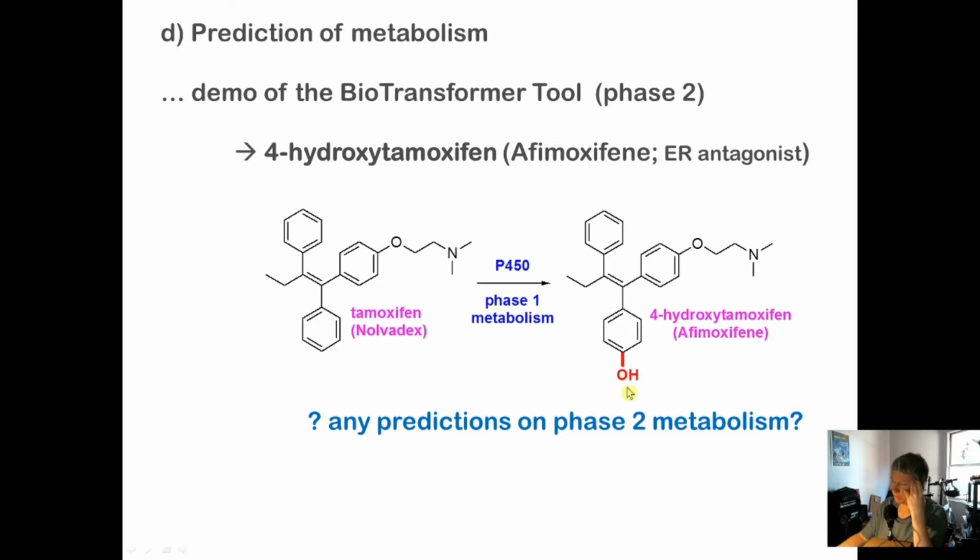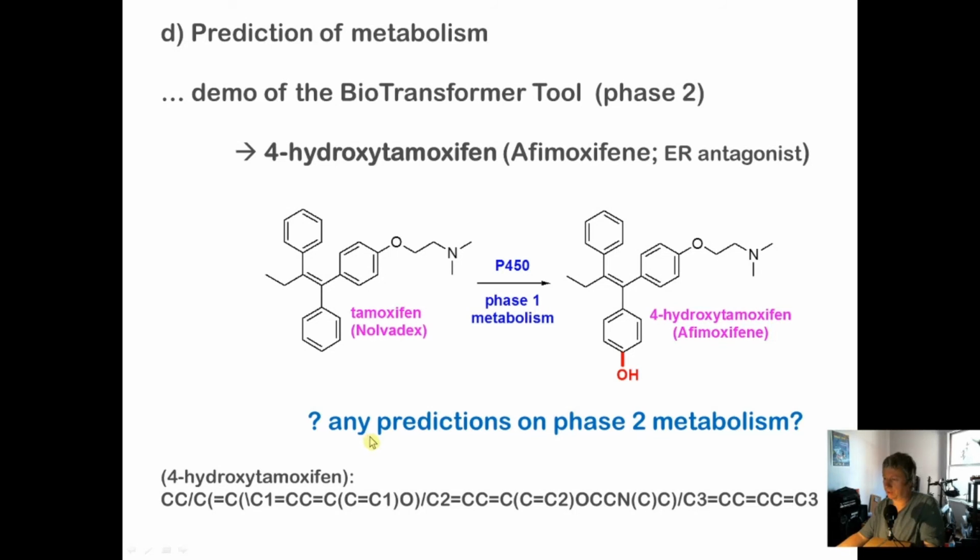So you might think of what are the things that phase 2 metabolism attaches? Well, we learned about glucuronic acid, the weird sugar derivative. It's like a sugar with the carboxylic acid. Also sulfate, things like that might be attached to this hydroxy group.